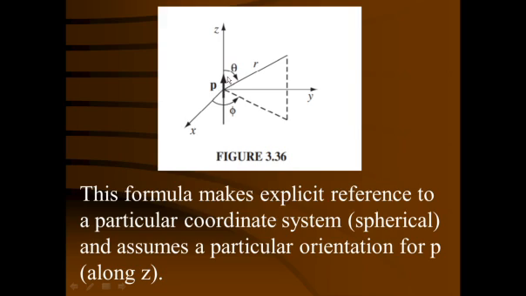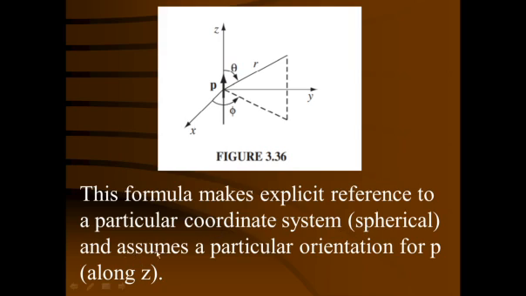Theta is the angle of this position vector r with respect to the z axis. So it can vary from theta equal to 0 to pi, and r can be anywhere inside the space. So r minimum is going to be 0 and maximum is going to be infinity. That way we have represented the position vector r in 3 dimensions, that is r, theta and phi coordinates. This formula makes explicit reference to a particular coordinate system.